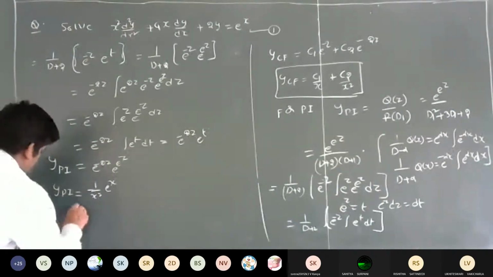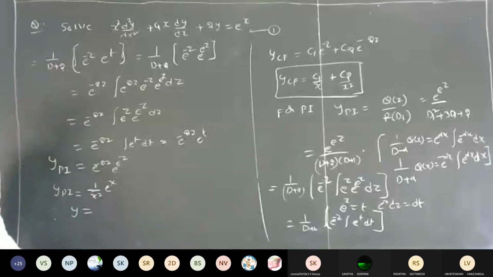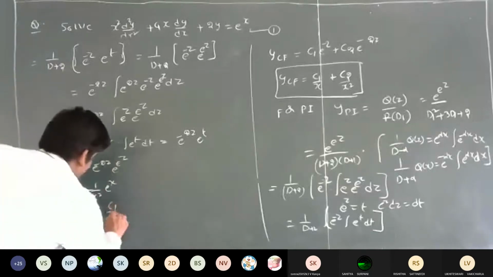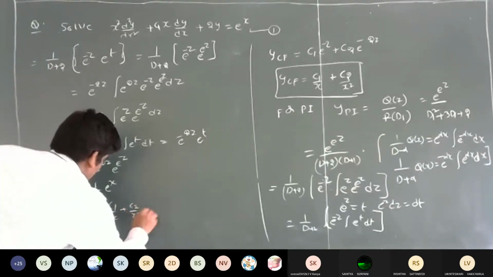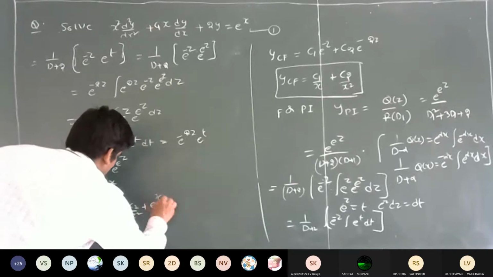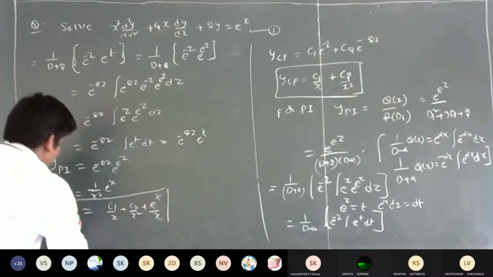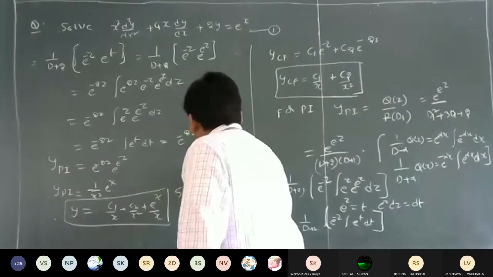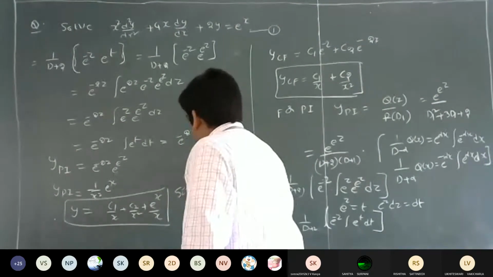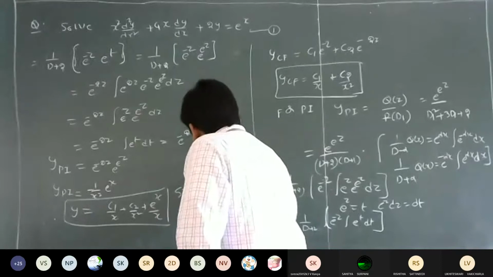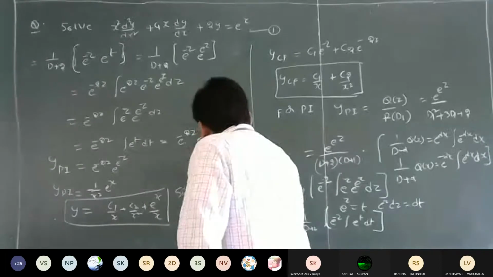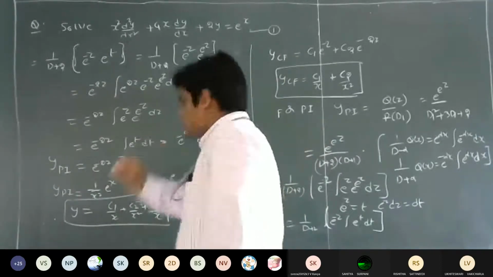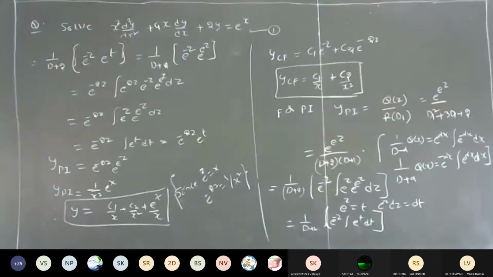So the general solution is y equal to c1 by x plus c2 by x square plus e power x by x. Since e power z is equal to x, e power minus 2z is equal to 1 by x square, I just replace the values, and finally it becomes in terms of x.